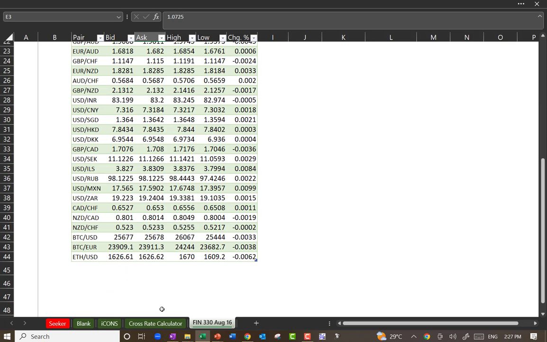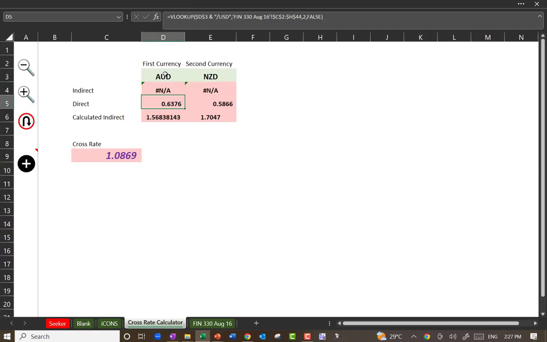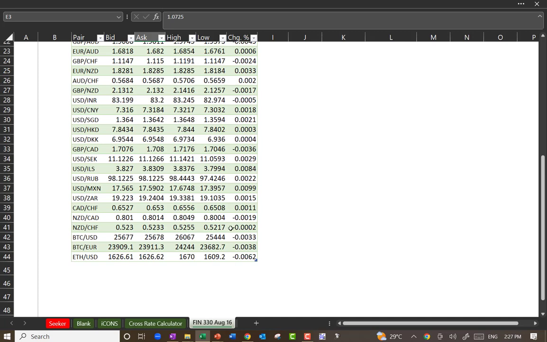So for example, if you want to convert your Bitcoin into Ethereum, 1 Bitcoin would get you 15.78 Ethereum, I don't know how you pronounce that. If you had others, we would have had those too.